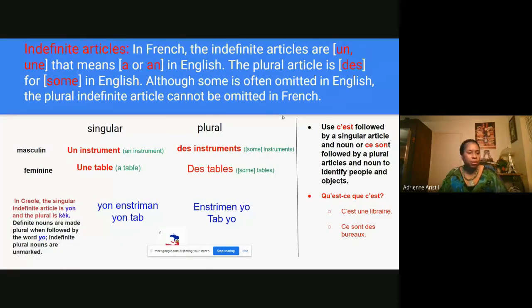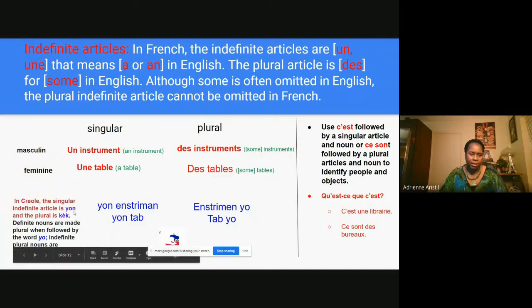In Creole, the singular indefinite article is yon. Yon in Creole. And the plural is kek.